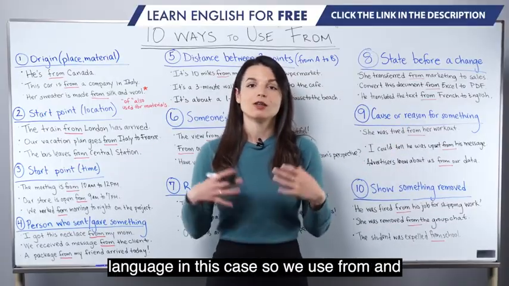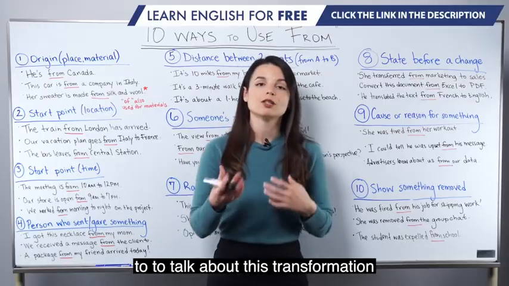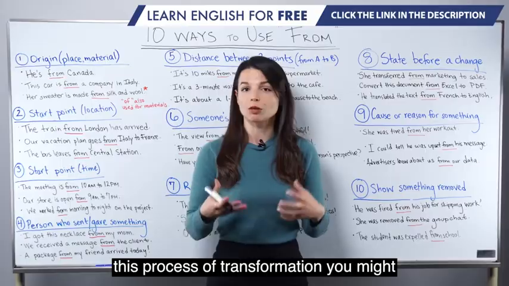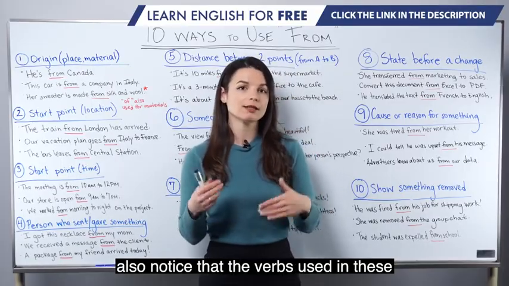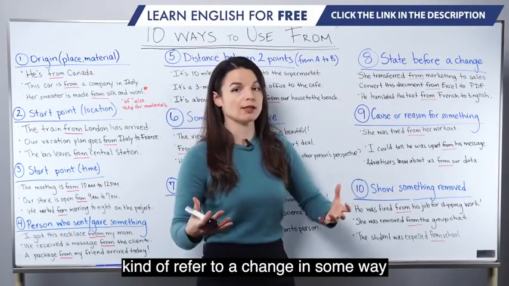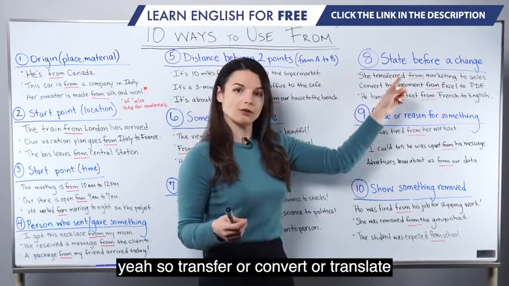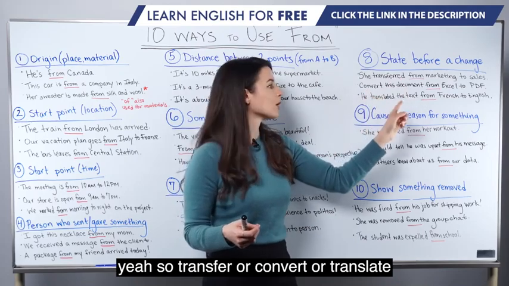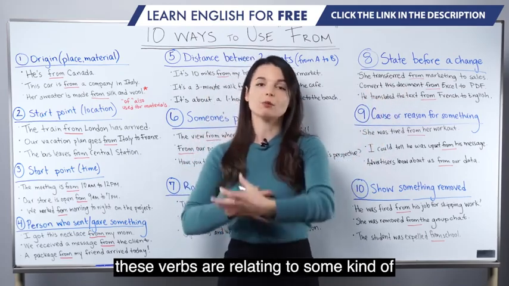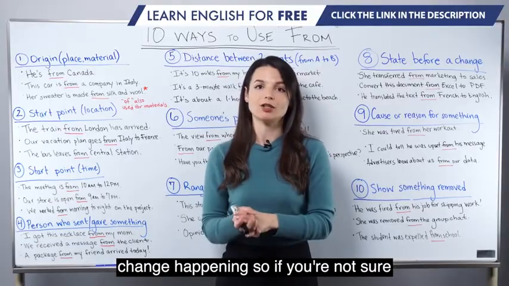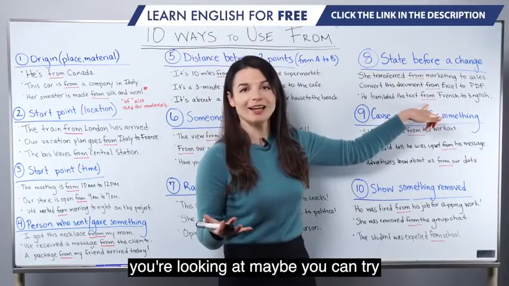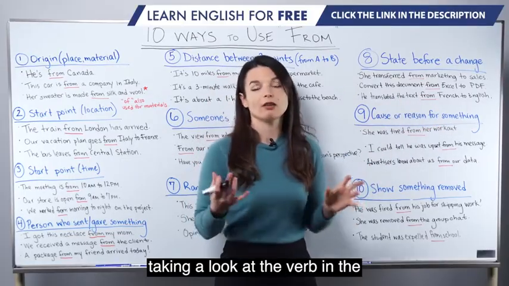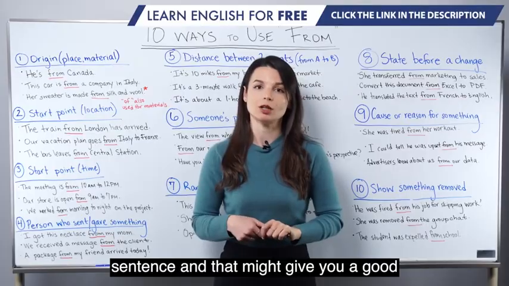So we use from and to talk about this process of transformation. You might also notice that the verbs used refer to a change in some way, yeah? So transfer or convert or translate. These verbs relate to some kind of change happening. So if you're not sure about the from you're looking at, maybe you can take a look at the verb in the sentence, and that might give you a good hint.